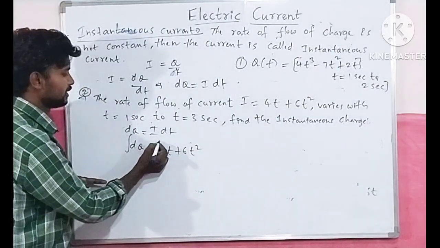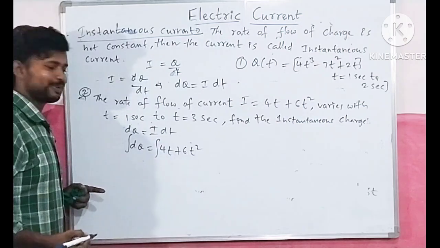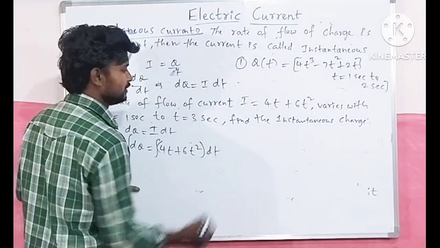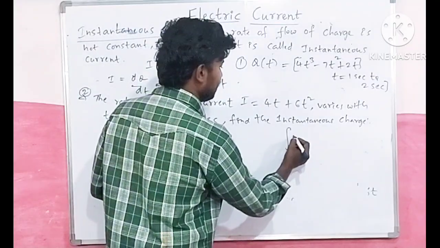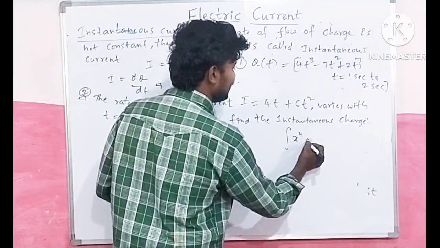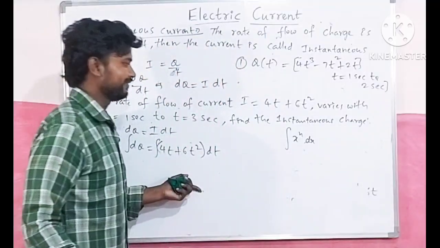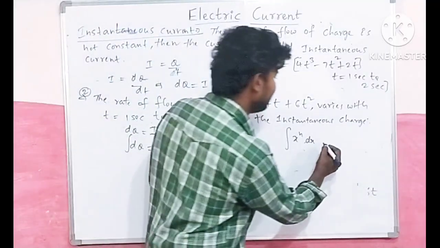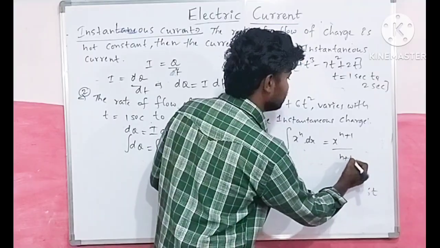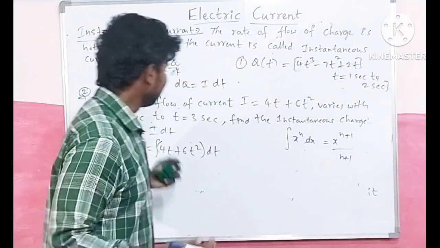So we integrate with respect to time. Integration of x power n into dx equals x power n plus 1 by n plus 1.